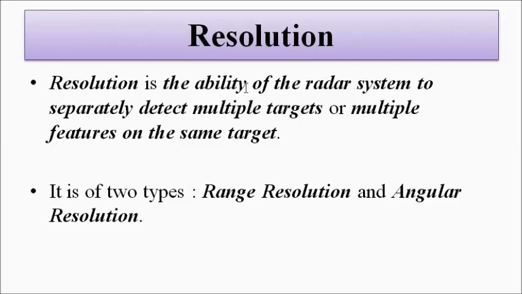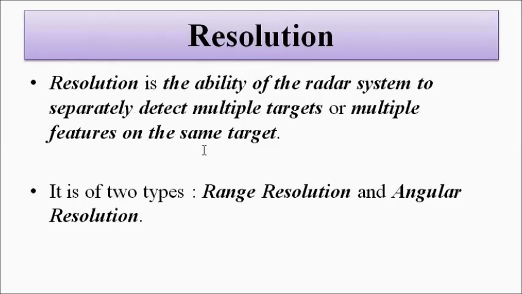How accurately can the radar system measure the features for multiple targets? When there is one target, it's easy, but when there are more than one target and we want the information about all of them, how accurately it can give us that information is given by resolution.